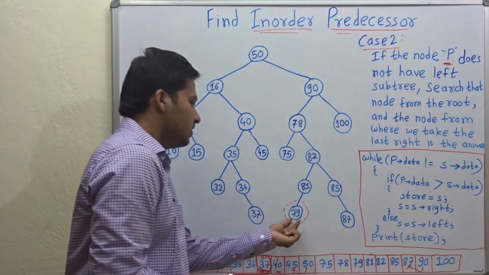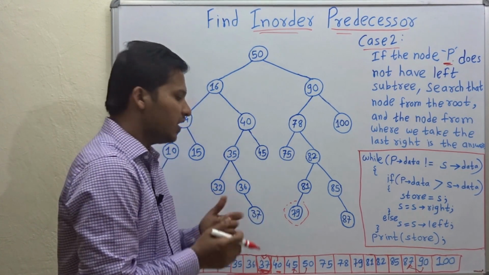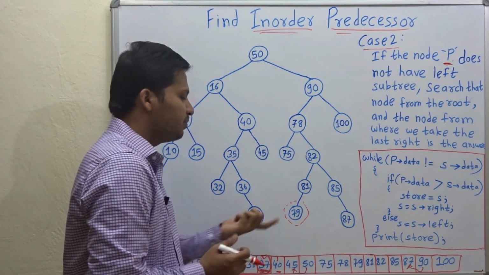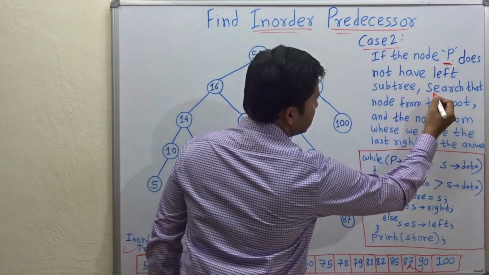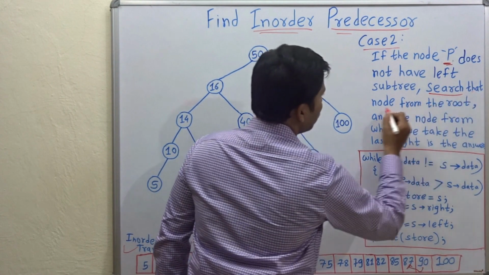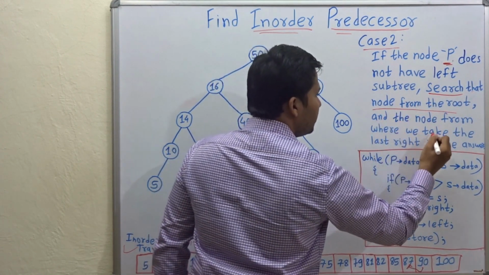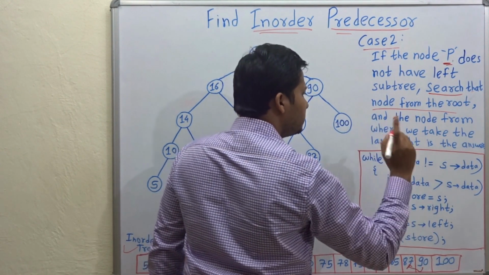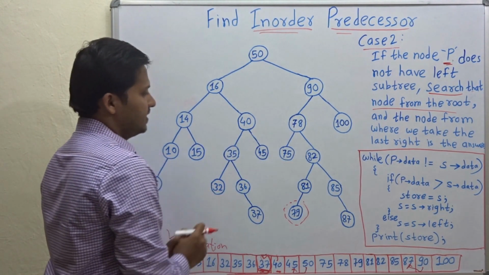Okay, now see, 79 does not have a left child, so we cannot go to the left subtree now. So what should we do? See, it is given here, search that node from the root and the node from where we take the last right turn is the answer. So I will tell you what it means.